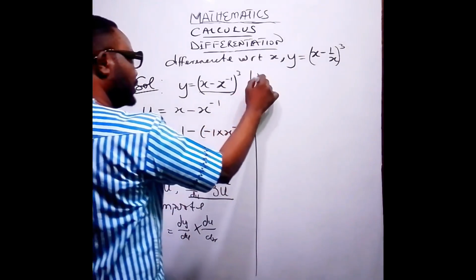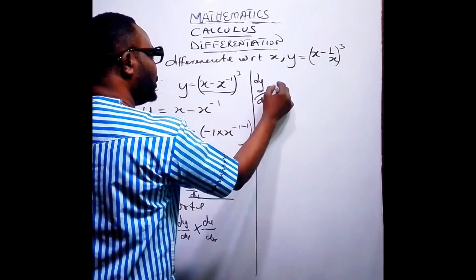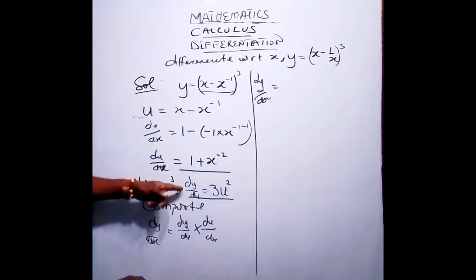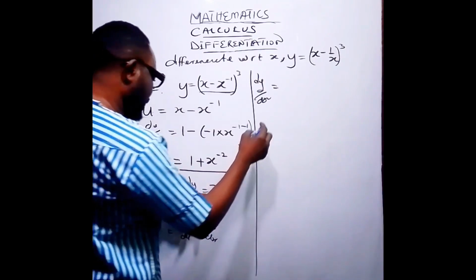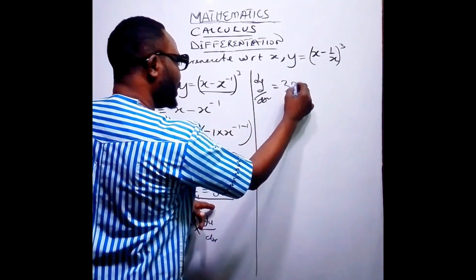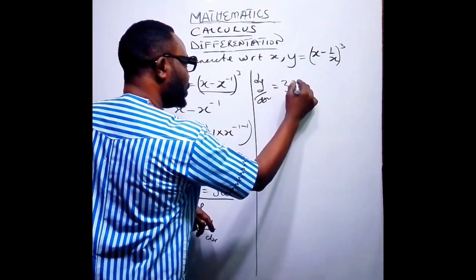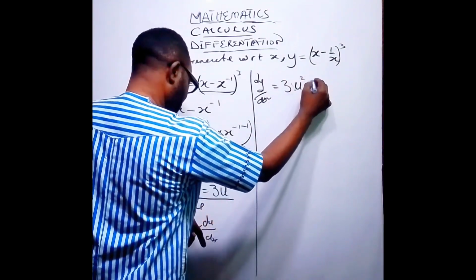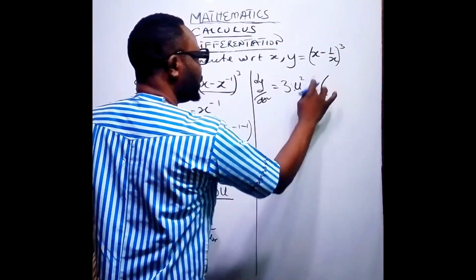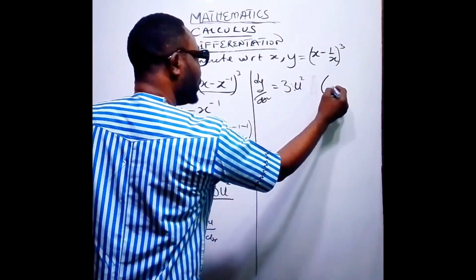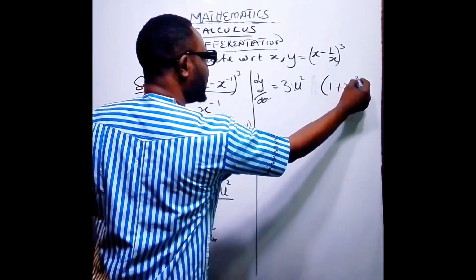So we have dy/dx will be equal to, what's our dy/du? That is 3u squared, multiplied by du/dx, which is in brackets 1 plus x raised to the power of minus 2.